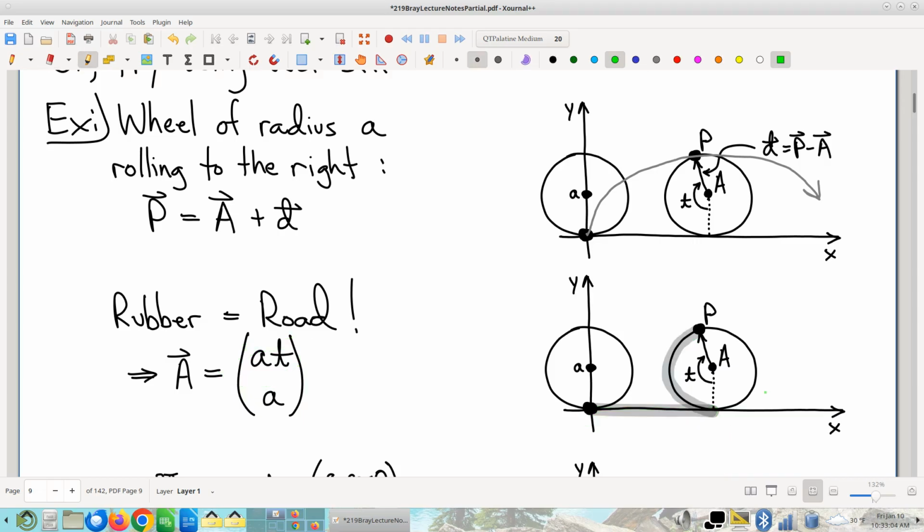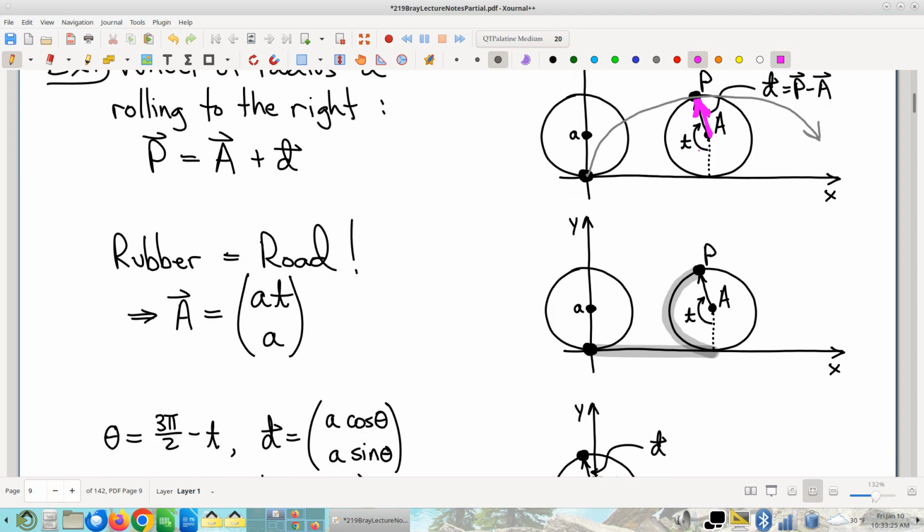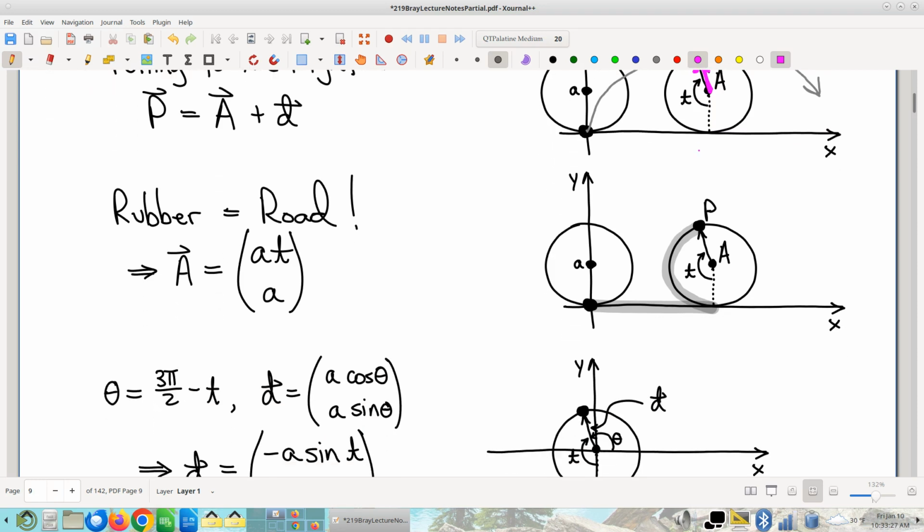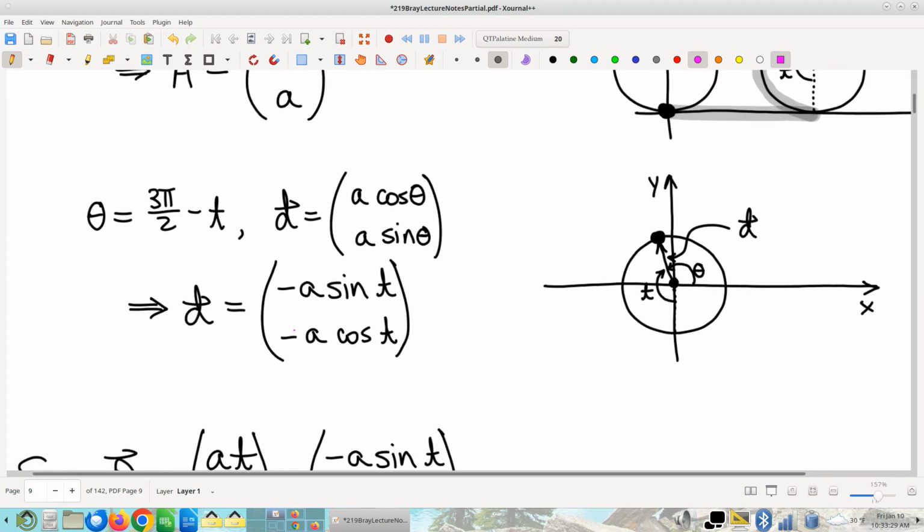Okay. Next, we got to get our hands on this D vector. How are we going to understand that D vector? It's a little bit scary looking because not only does it rotate as the wheel rotates, but also it's moving to the right constantly. And how are we going to deal with the fact that it's moving? Let me remind you, when you are viewing a vector as a vector, it does not have location.